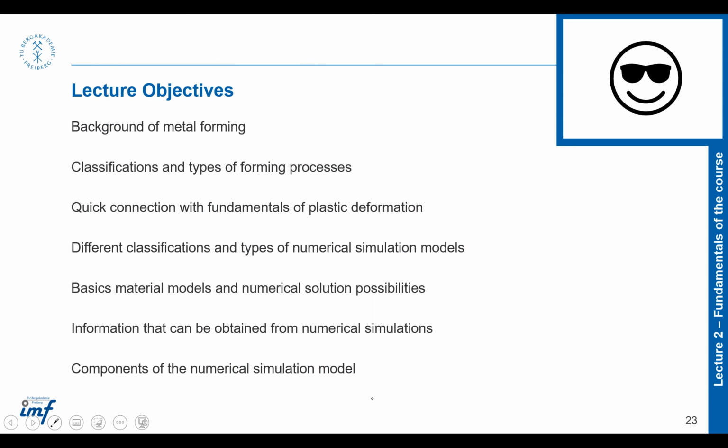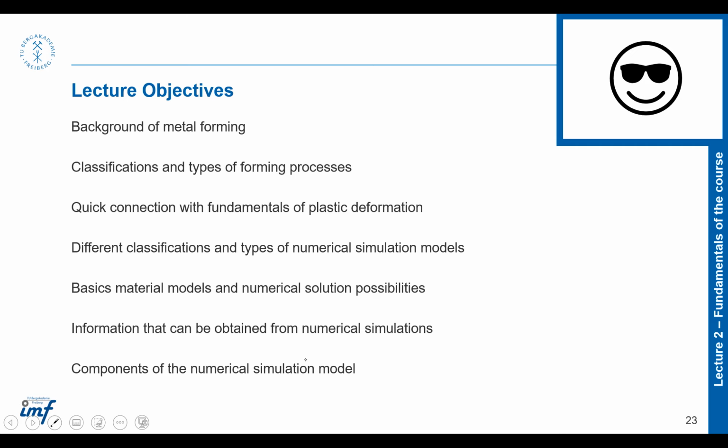So in this lecture, we have covered the background of metal forming. We have covered the classification of different types of forming processes. We covered the quick connection with the fundamentals of process deformation course and how the materials undergo different deformations. Then we looked into the basic material models and numerical solution possibilities.